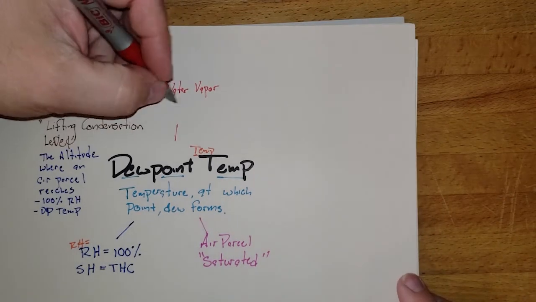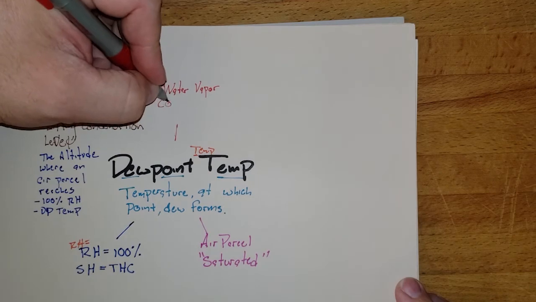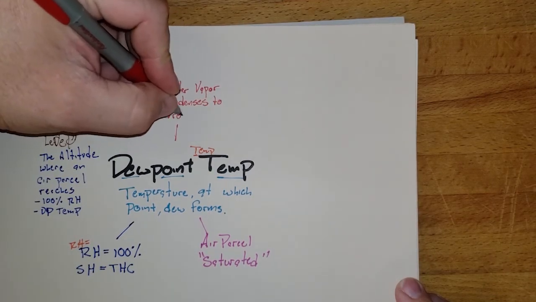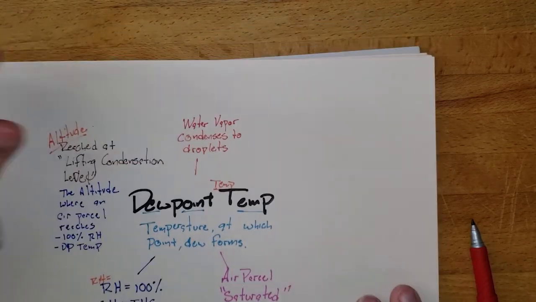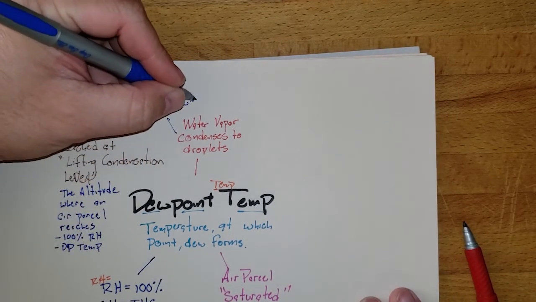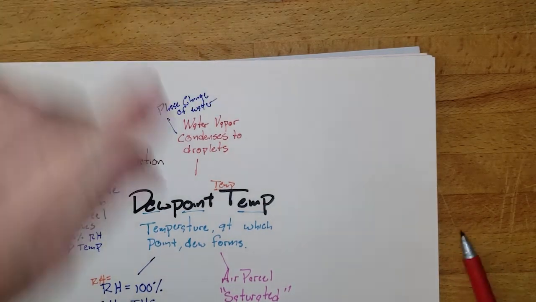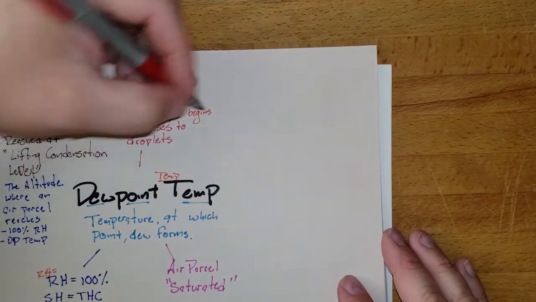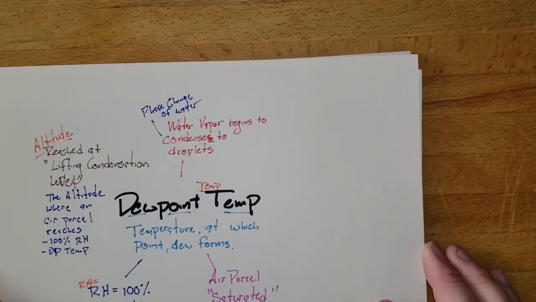So water vapor condenses to droplets. This is a phase change of water. Water vapor begins to condense to droplets.